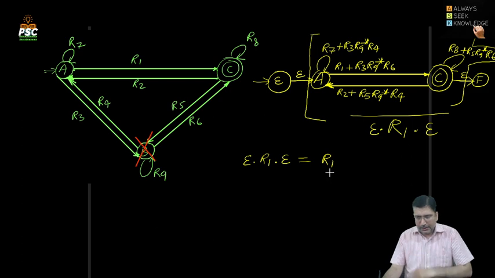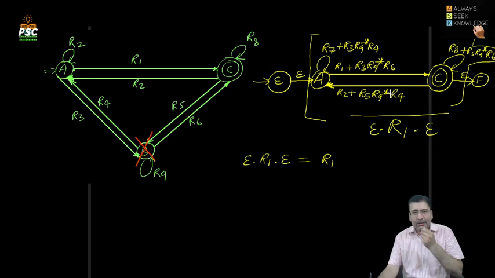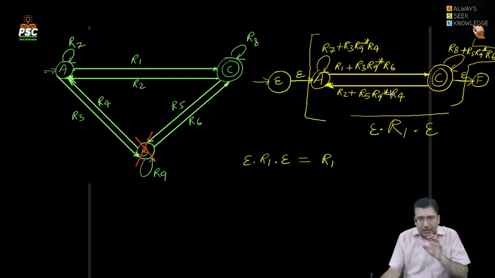I hope you are getting it. Now what we need to do is eliminate this and this as well. Once we eliminate all, there will be a single regular expression. So in an automata, when you have eliminated all the states except initial and final, whatever you get in the middle will be considered as your final regular expression.